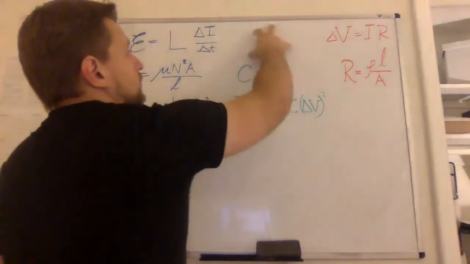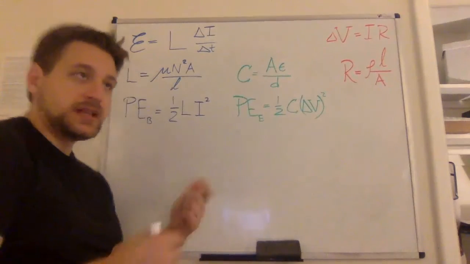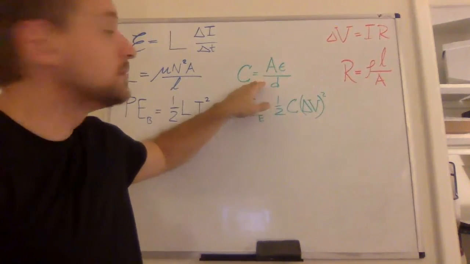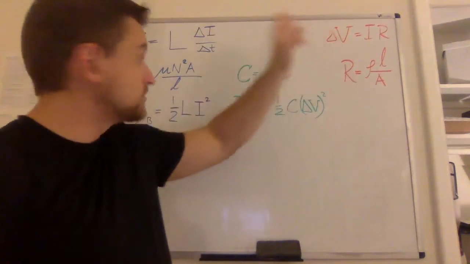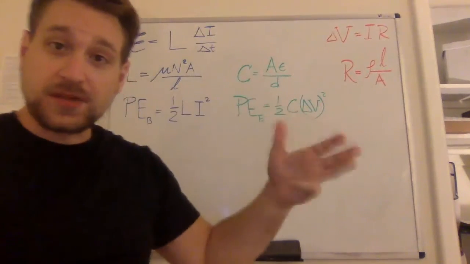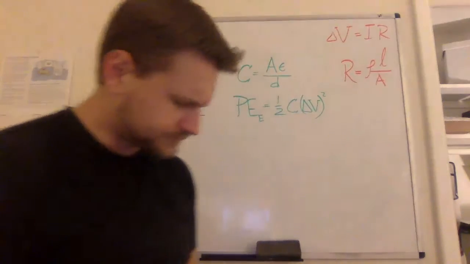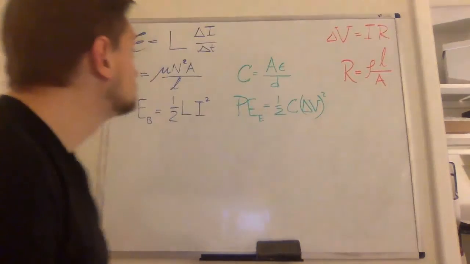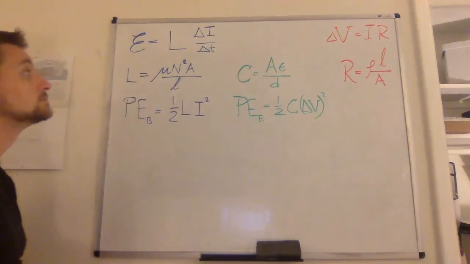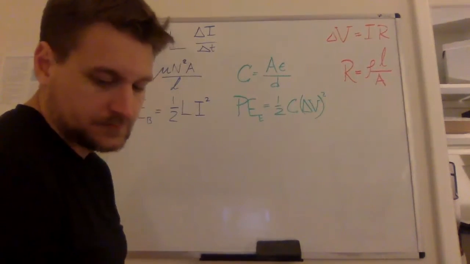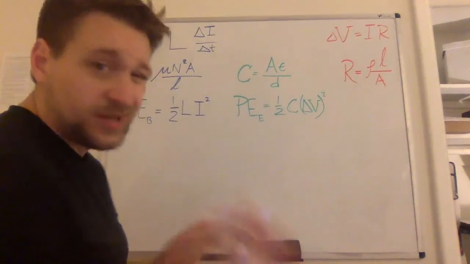To get an equivalent statement here that relates the voltage across a capacitor to something about the capacitance and something about the current, we have to do a little bit of work. We already have it already.